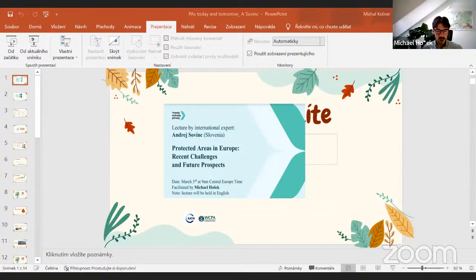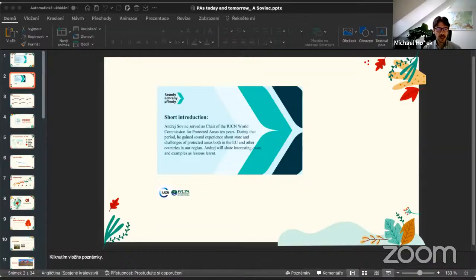Let me start by introducing today's expert, Andrej Sovinc, the Slovenian expert on protected areas. Andrej, welcome. He was for a very long time a vice chair of the World Commission on Protected Areas under the IUCN, for more than 10 years in Europe, and he has been working in many countries, not only within the EU but also outside of the EU.